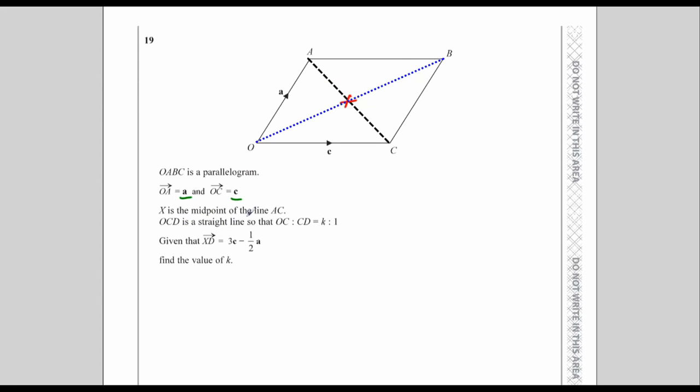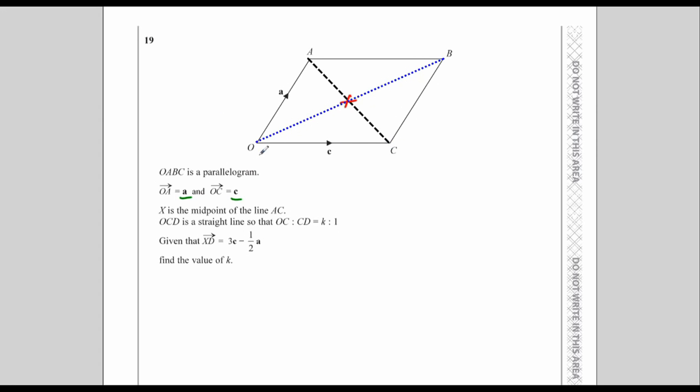OCD is a straight line, so that OC to CD equals k to 1. OCD is a straight line. Okay.